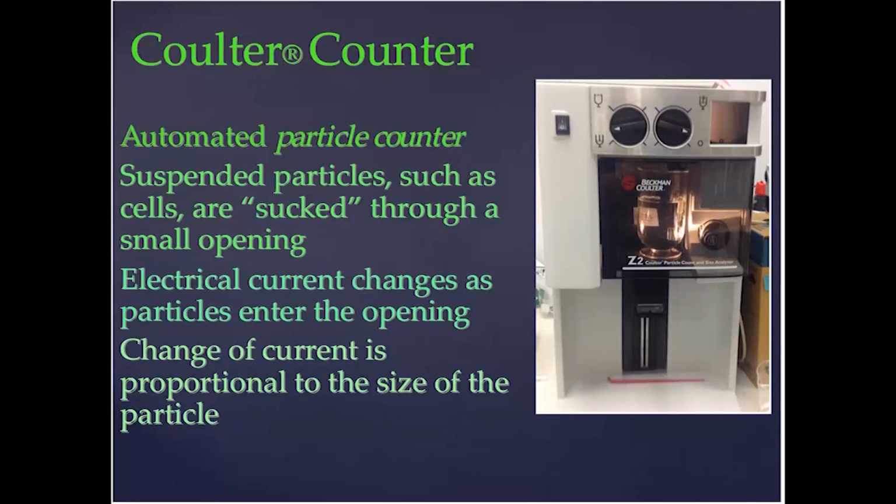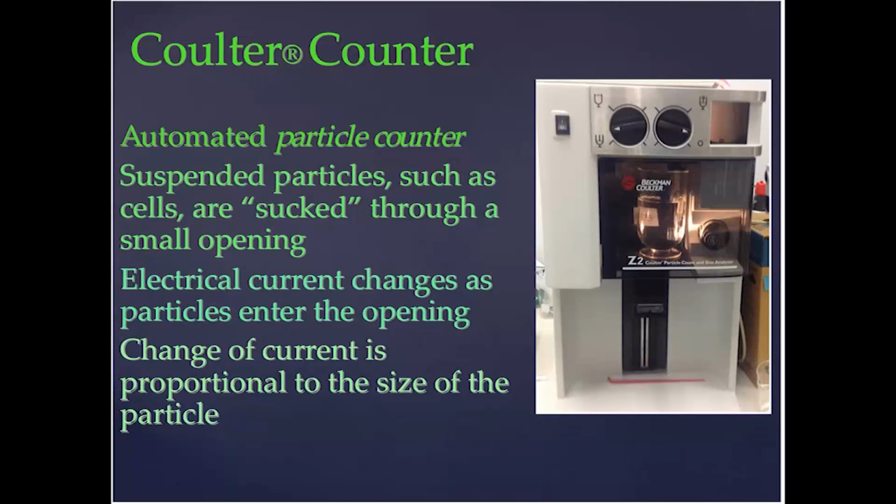So this method has been adapted to use in clinical laboratories and is often seen in hospitals or doctors' offices. Now, the Coulter counter is really a particle counter. You take cells that are suspended in a liquid, and these cells are sucked through a small opening called the aperture.